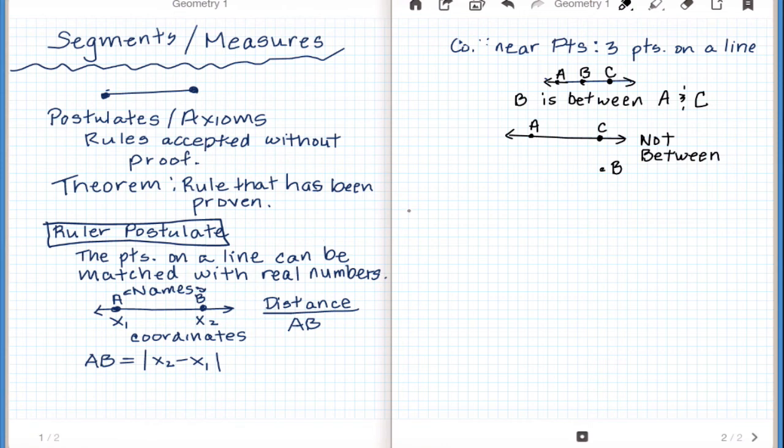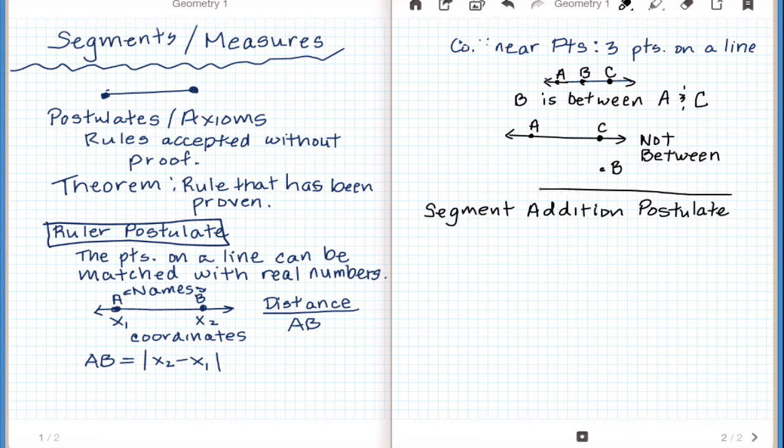And so that's basically talking about collinear points. And what we'll look at now is segment addition postulate. And I'm going to box that again because it is a postulate. So make my big box.